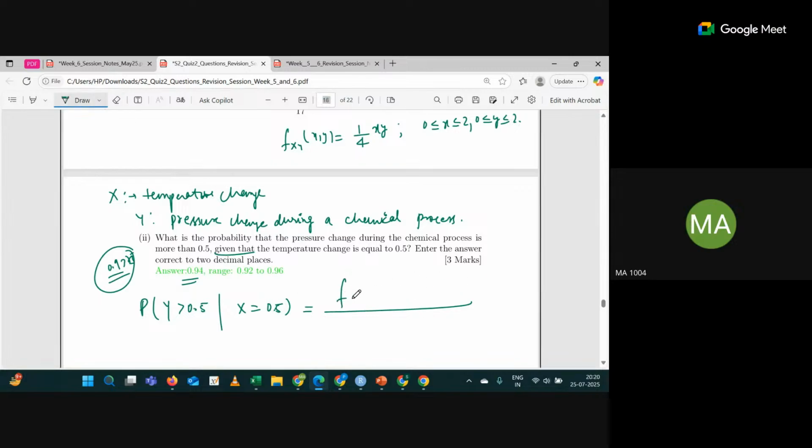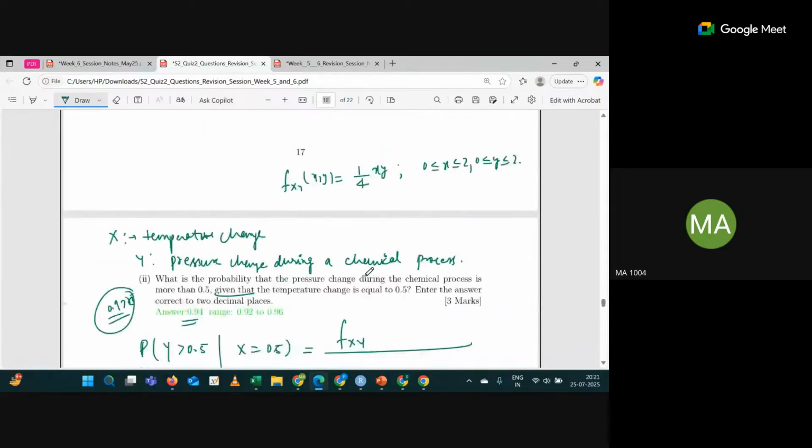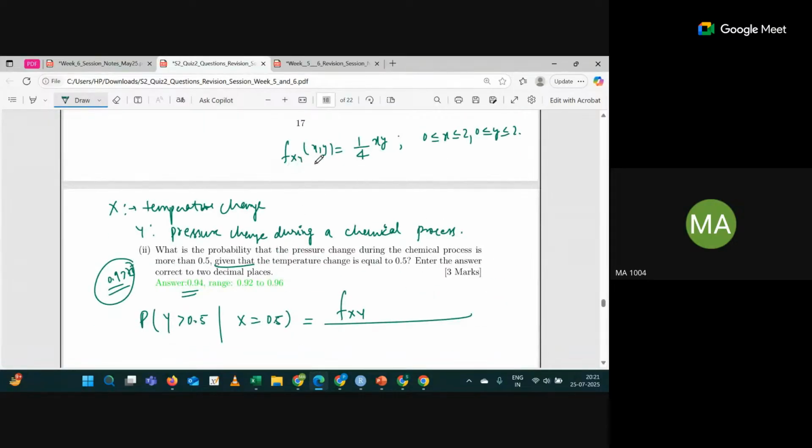This condition I can write as f_XY. It is given to us, right? Basically, I can substitute the value 0.5. So this will be f_XY at 0.5 comma y, which is 0.5 divided by 4 into y. Yes or no? Yes, sir.